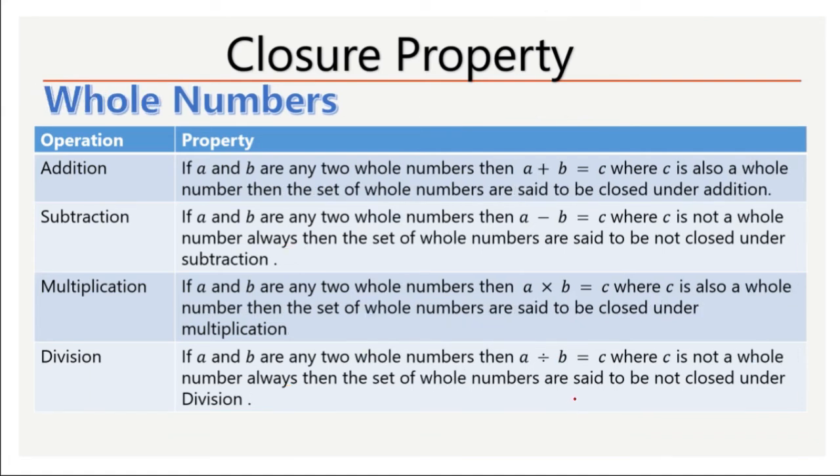In the set of whole numbers, when I consider the operation addition, they are closed because the sum of any two whole numbers is a whole number. When I consider multiplication, they are closed. When I consider subtraction as well as division, they are not closed.